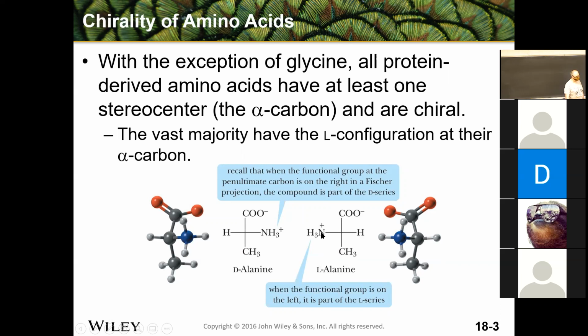It has the amino group on the left. And this is the configuration for most naturally occurring amino acids.